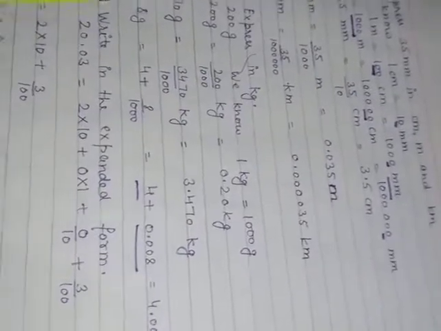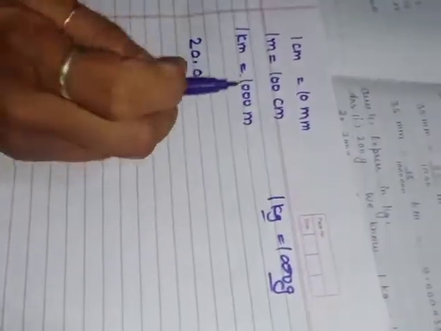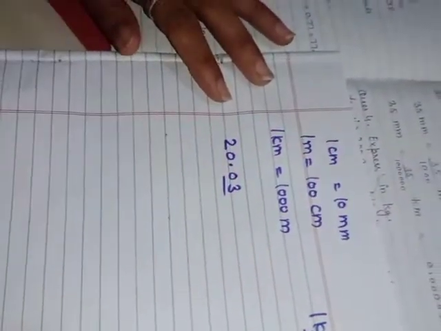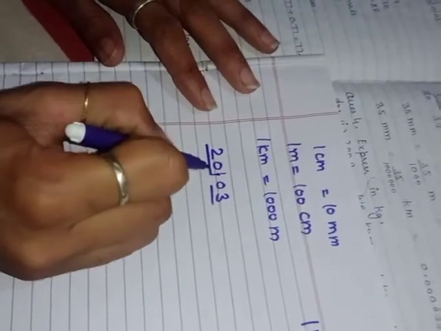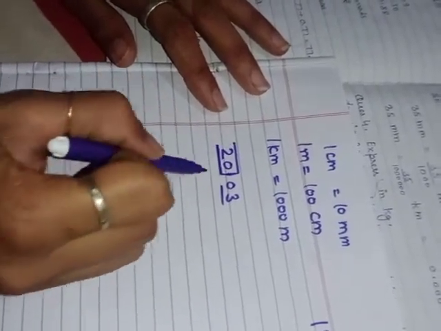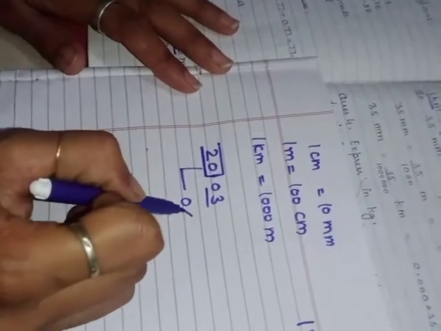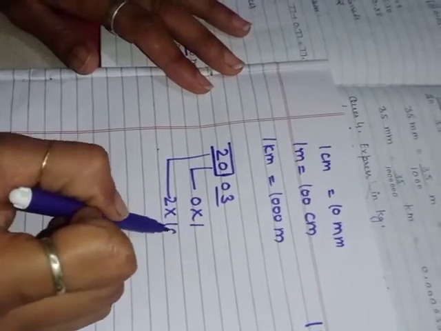The next is write into the expanded form. You are given 2.03. Clear? Before, you had no decimal terms in the expanded form, but now you have decimal terms also. Before the decimal point, the pattern is the same as you followed in your earlier classes: unit place should be multiplied with the 1, tens place will be multiplied with the 10.